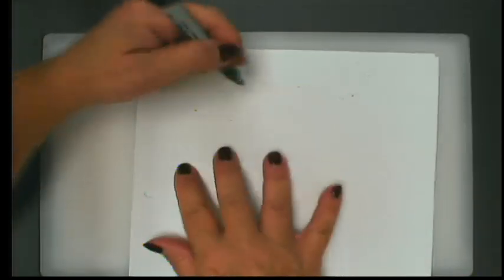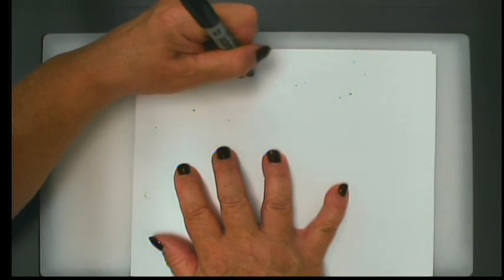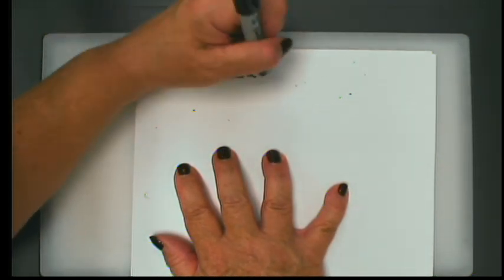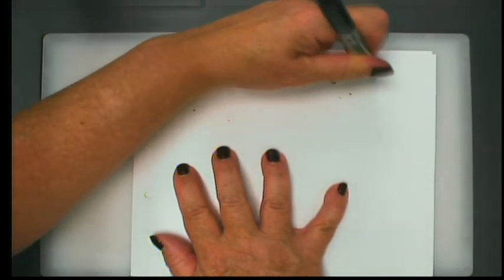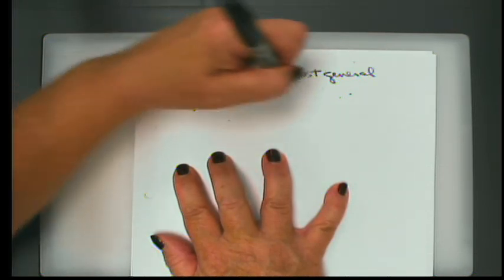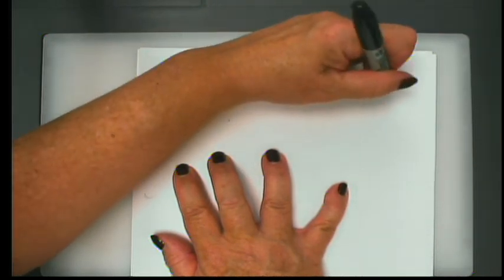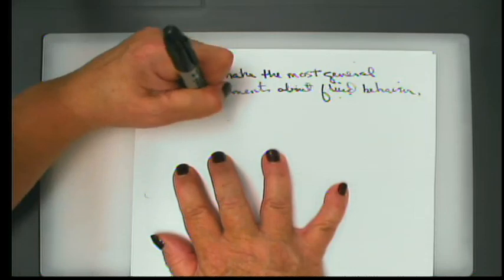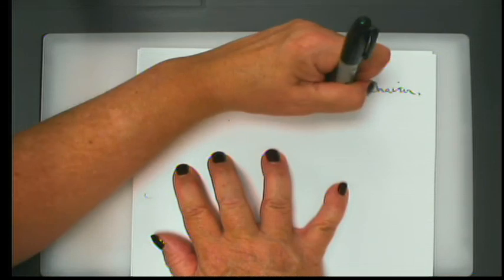All right. So what does this mean for us? Well, what it means is that in order to make the most general statements about fluid behavior, we need to create dimensionless groups.